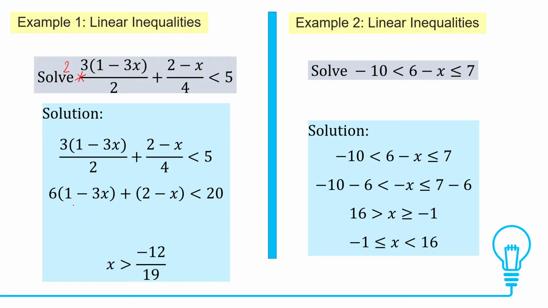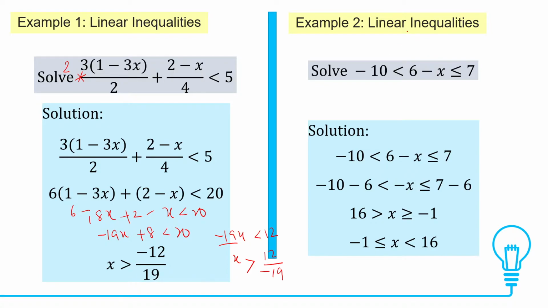So 6 minus 18x plus 2 minus x is less than 20. This becomes negative 19x plus 8 less than 20, or negative 19x is less than 12. Now I divide by negative 19, and don't forget to change the less than to become greater than.